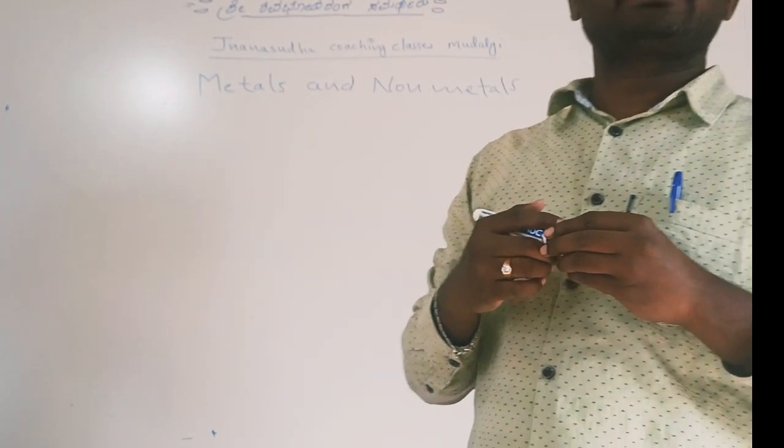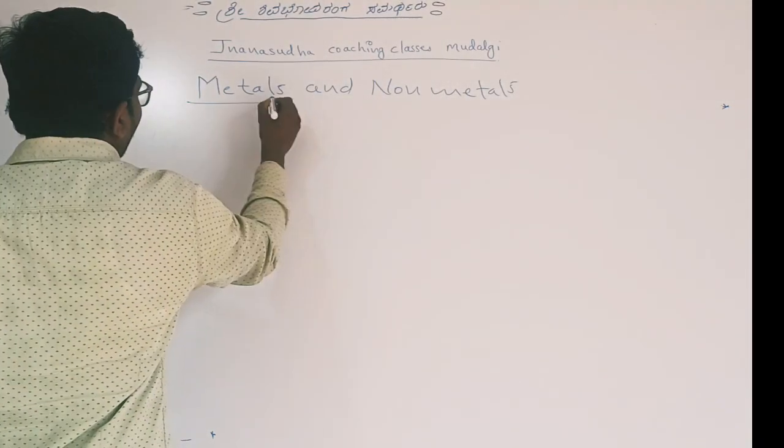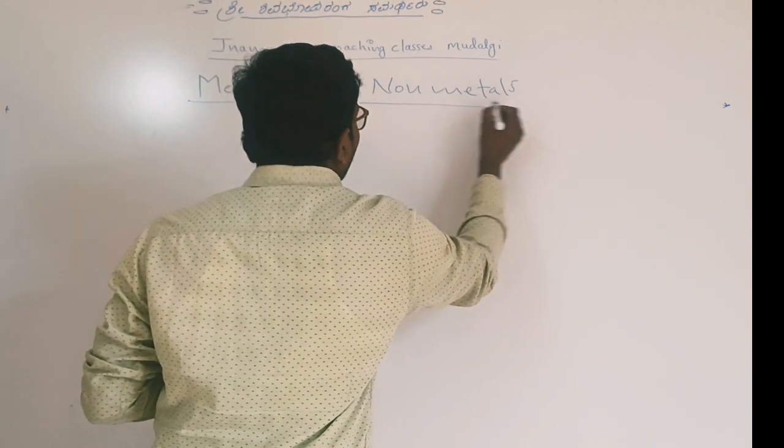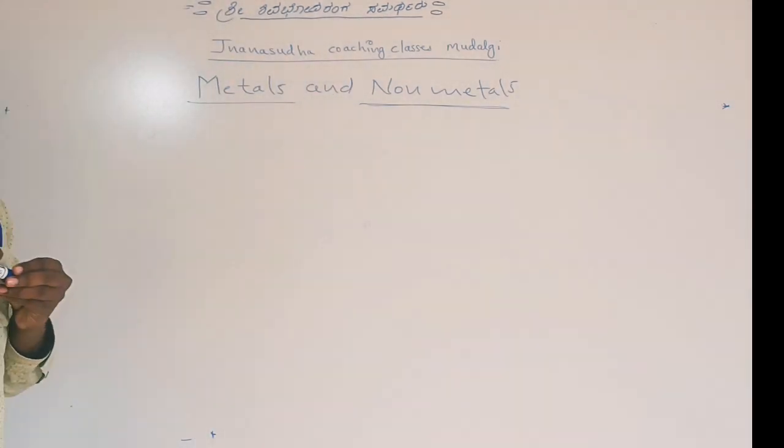This is the first chapter in part 2, which comes under chemistry. What are metals and non-metals?